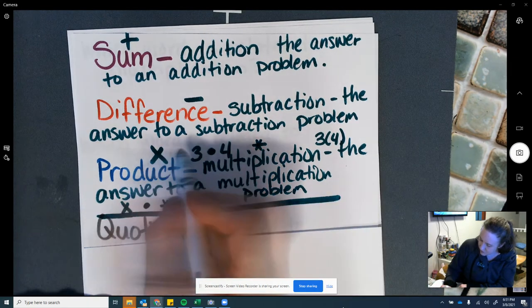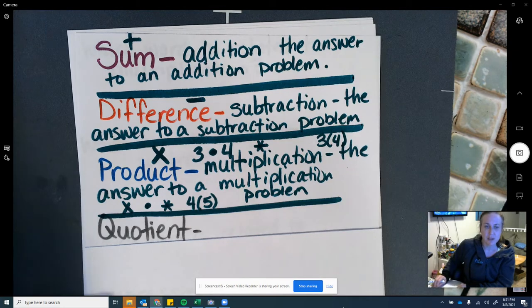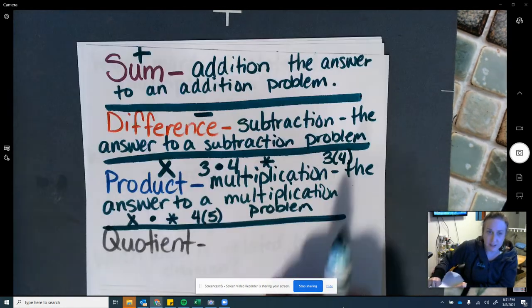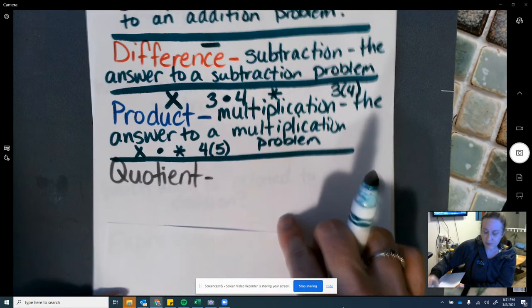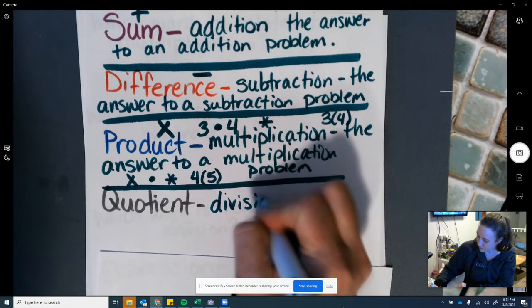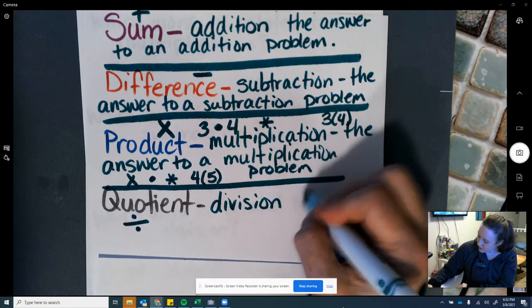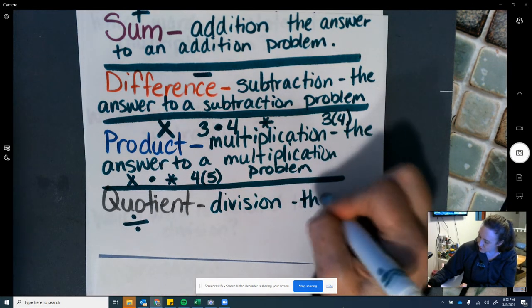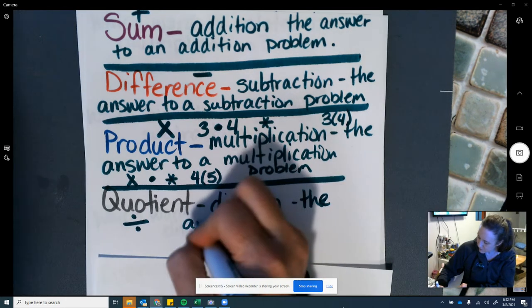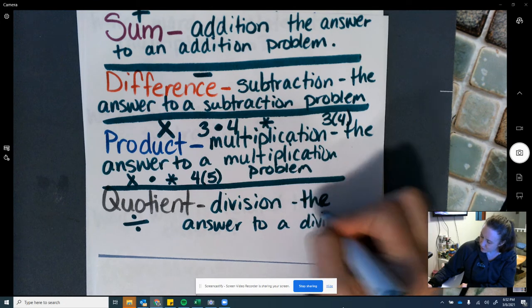Quotient, I feel like I need to do this real quick to make sure that it's easy to see. Quotient is related to everything division. All right, and it means also the answer to a division problem.